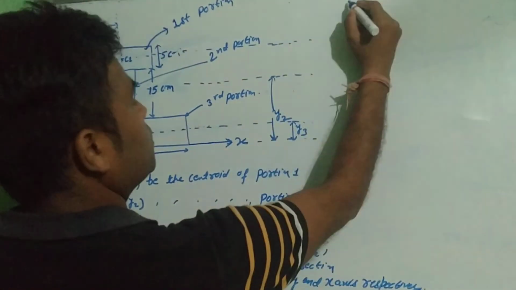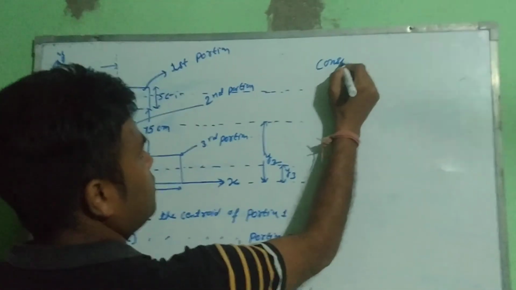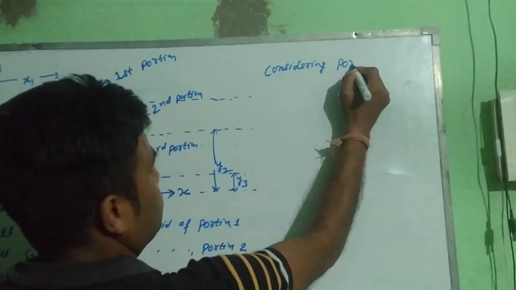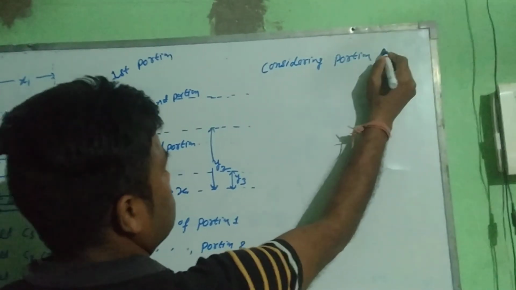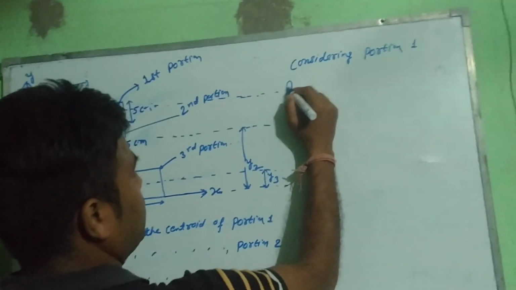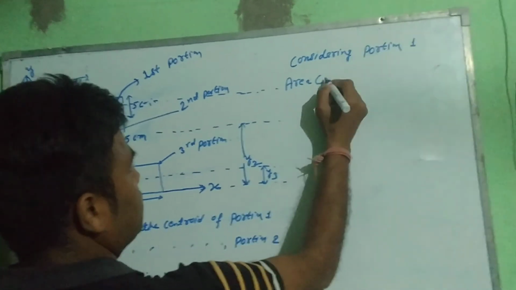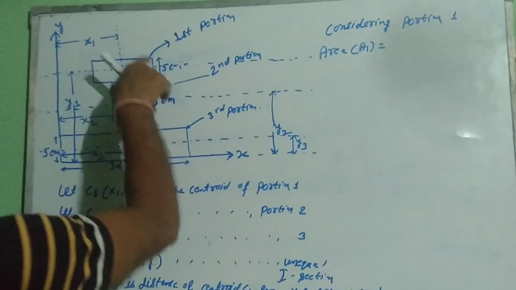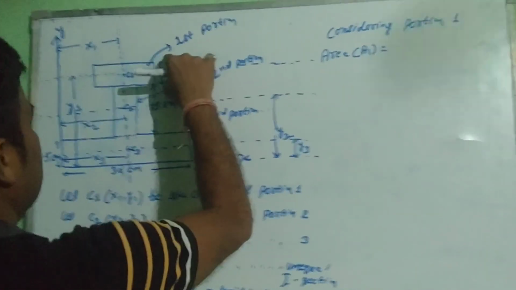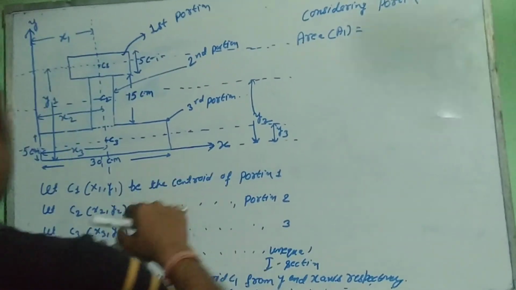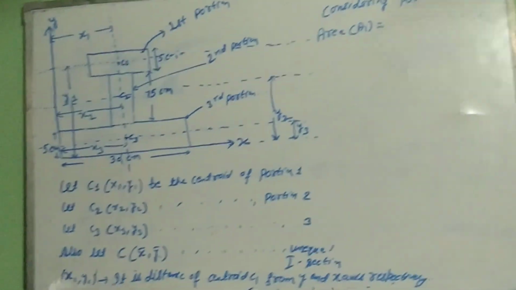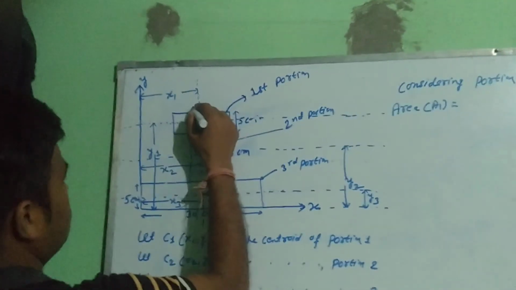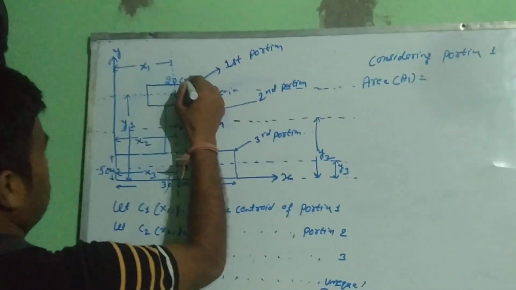Now, considering portion 1, area A1 is the area of this rectangle: 5 centimeter into 20 centimeter. This dimension is given as 20 centimeter.